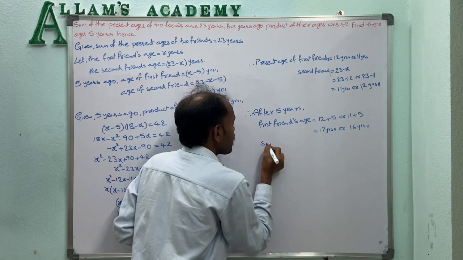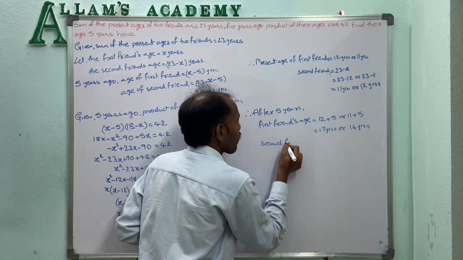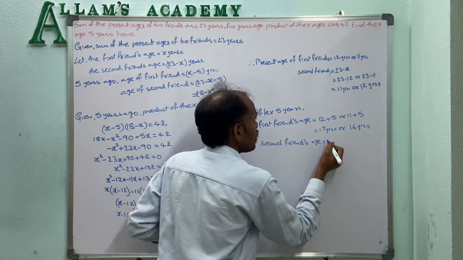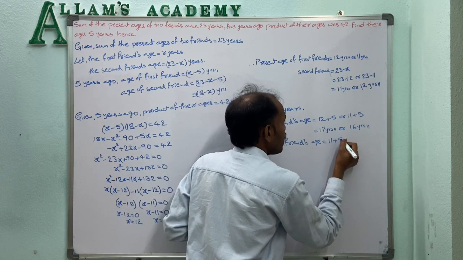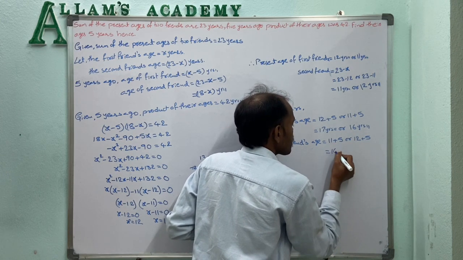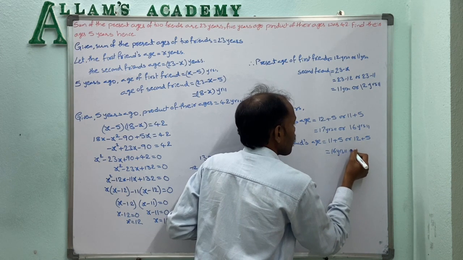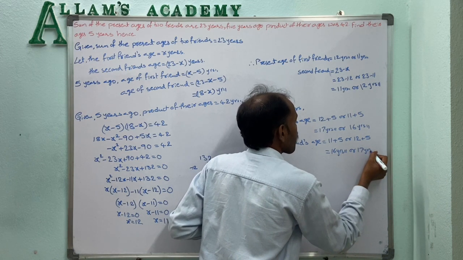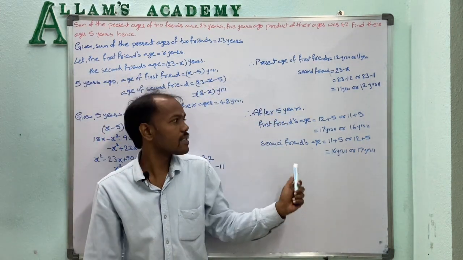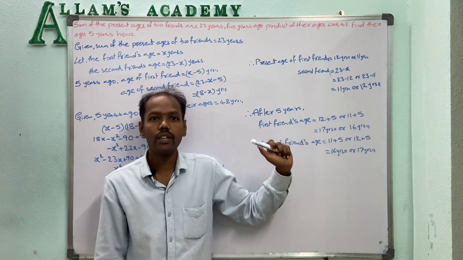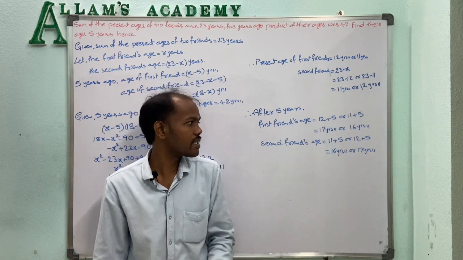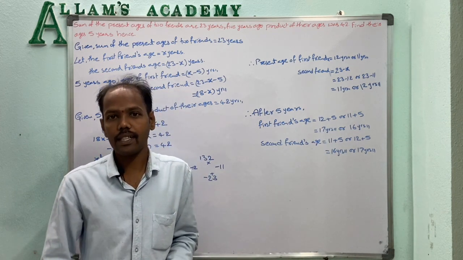Now the second friend's age is 11 plus 5, otherwise 12 plus 5, that is 16 years, otherwise 17 years. That means if the first friend is 17 years, then the second friend is 16 years. If the first friend is 16 years, then the second friend's age is 17 years. That is their age after 5 years.